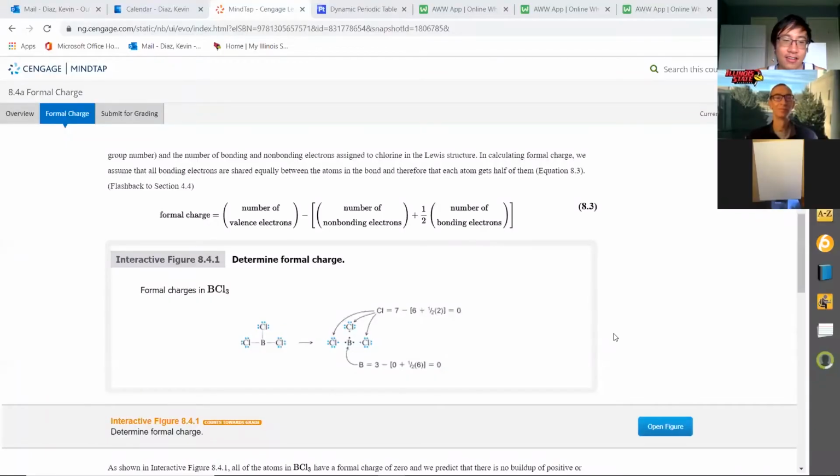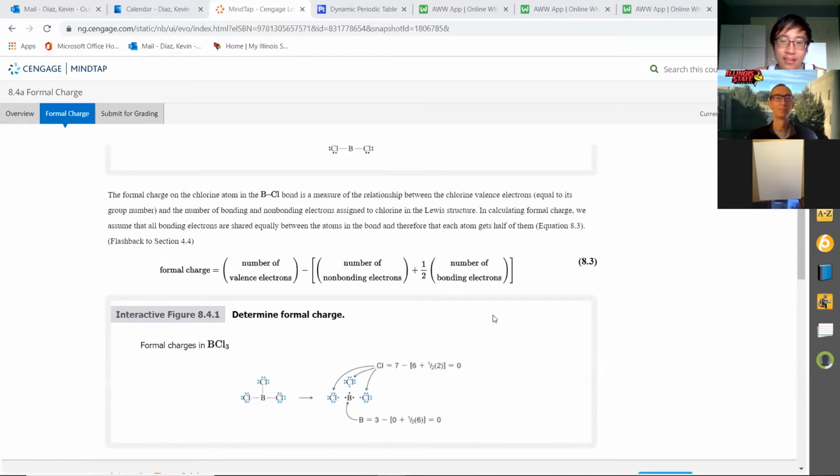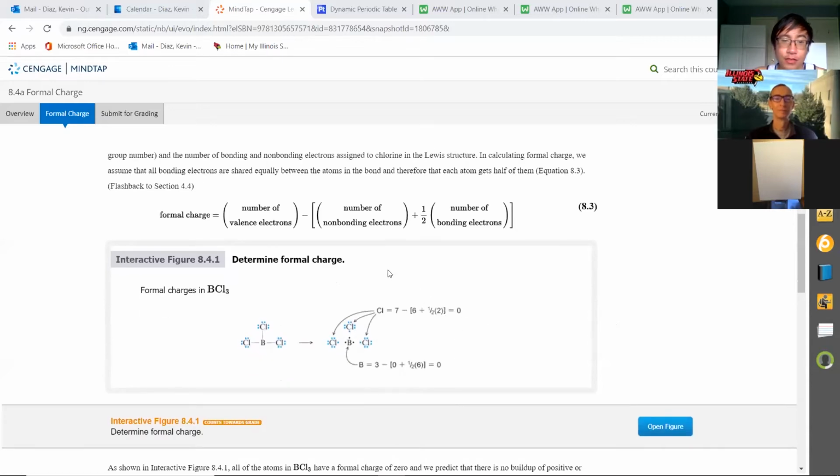All right. So if you look in Cengage and you look in the textbook online, there's this little section on formal charges. And the main takeaway for most students is going to be this equation that looks pretty large and kind of intimidating. You have brackets: number of valence electrons minus number of non-bonding electrons plus 1/2 number of bonding electrons.